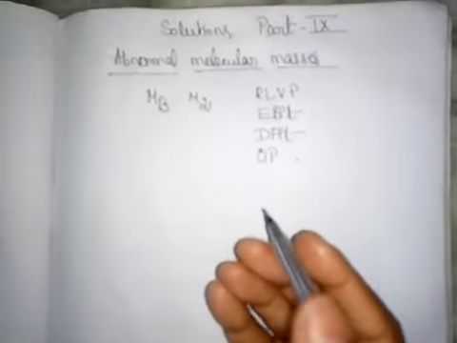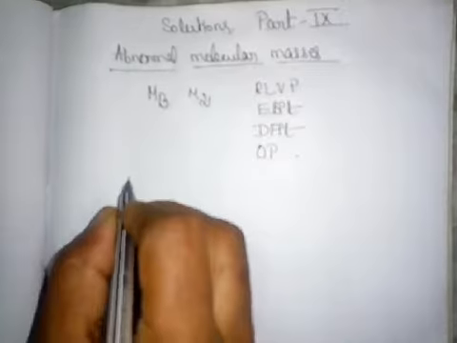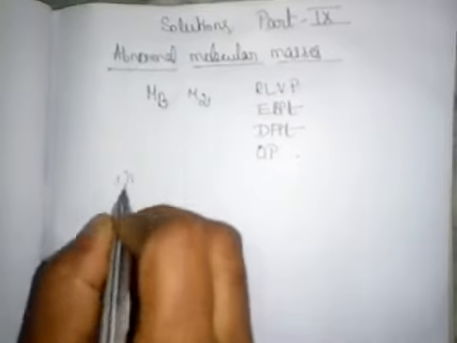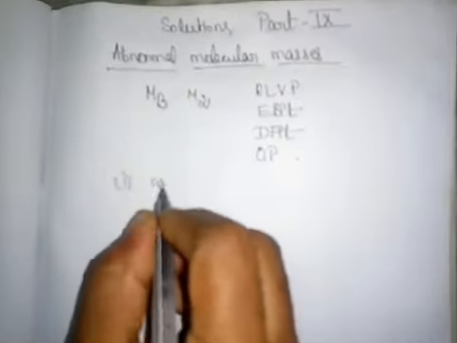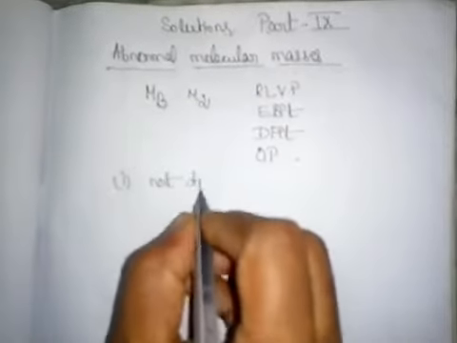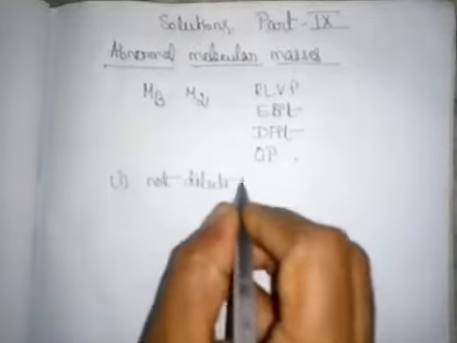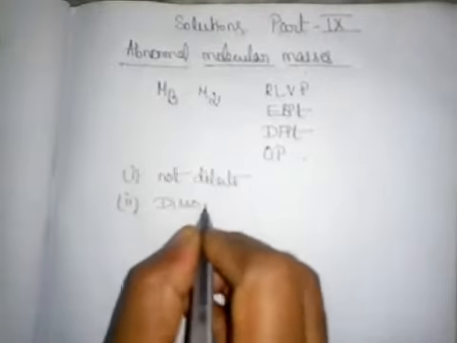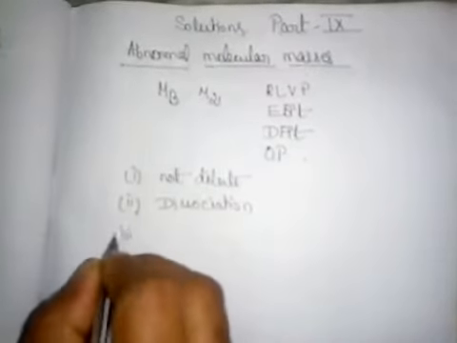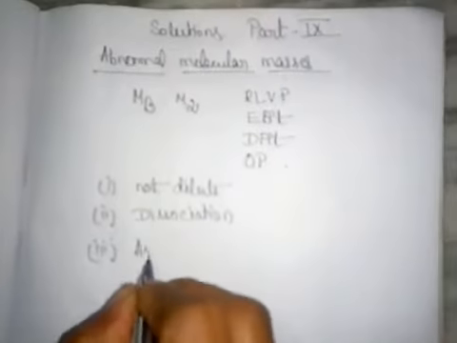These abnormal molecular masses are shown for non-ideal solutions, that is, if the solution is not dilute, or if the solute undergoes dissociation, or the solute undergoes association.